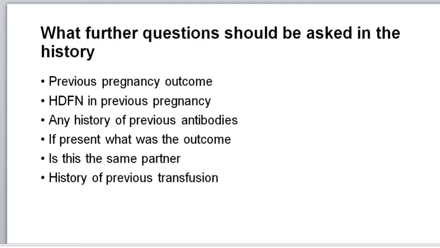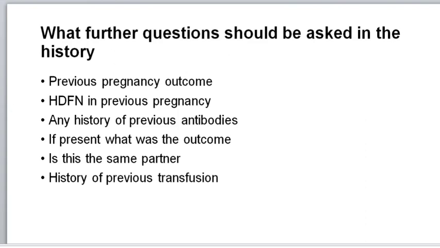So the first question is, what further questions should be asked in the history of this particular patient? This patient has anti-K in the panel. We should ask this patient, or we should see the record of this patient, what was the outcome of the previous pregnancy, because this is her second pregnancy.